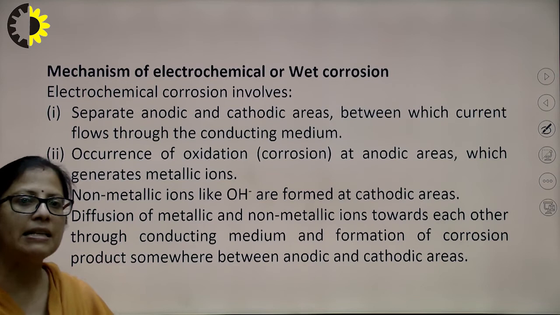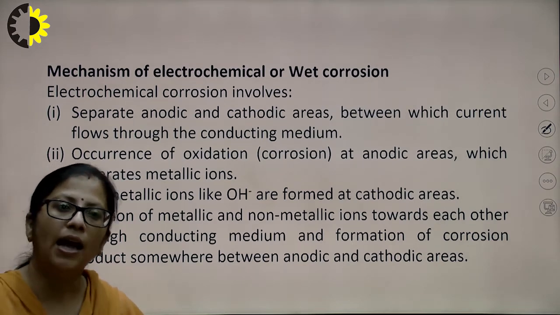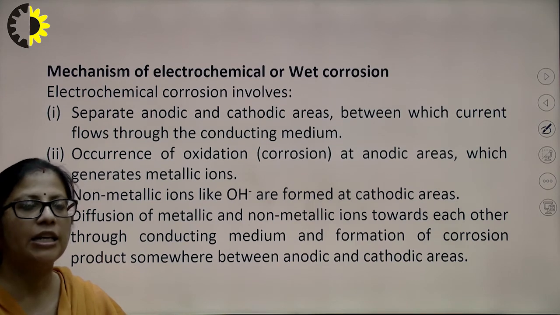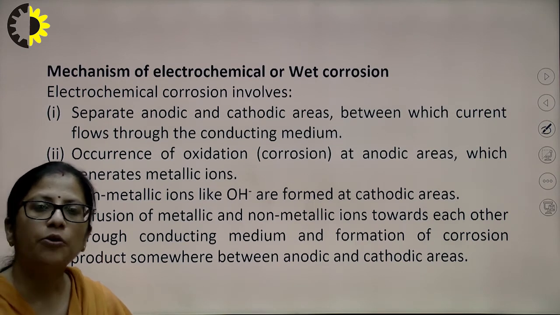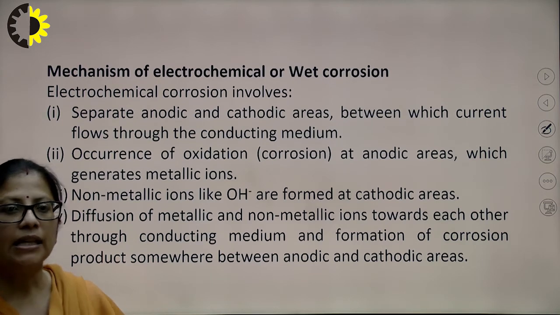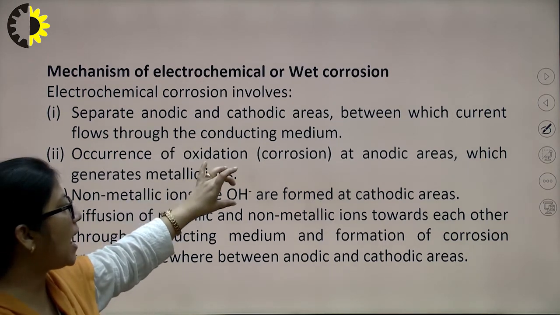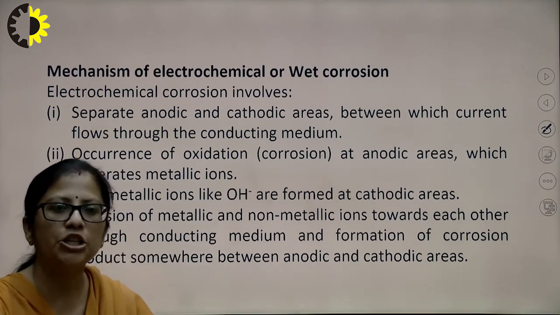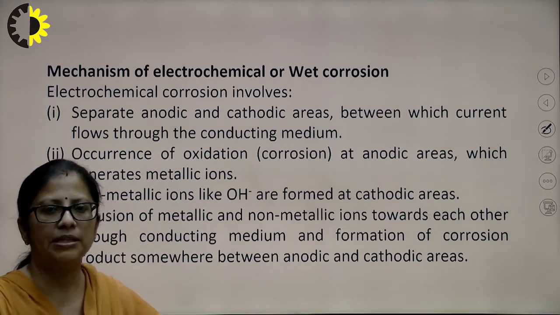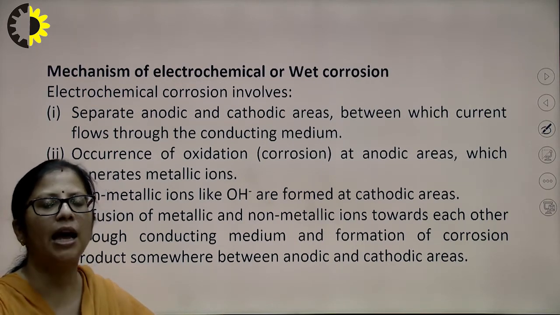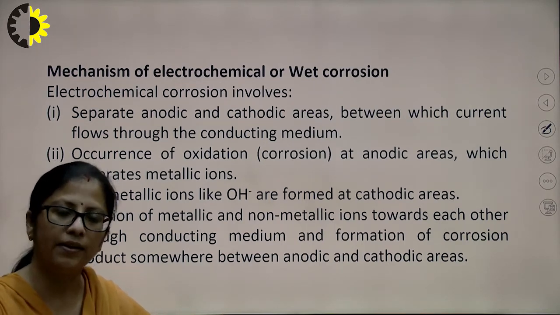So, metallic ions are going to be formed at the anode, and non-metallic ions like hydroxide or O2 minus are going to be formed at the cathodic areas. And these ions, metallic ions and non-metallic ions, are going to diffuse towards each other through the conducting medium and form the corrosion product somewhere between anodic and cathodic areas.